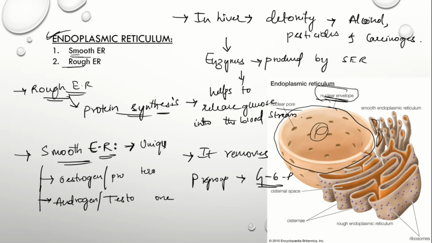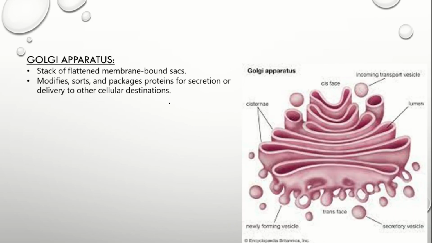In biochemistry you might have studied that glucose 6 phosphate is present, and by dephosphorylation of glucose 6 phosphate, the pure glucose molecule is obtained. This dephosphorylation is mainly done with the help of the smooth endoplasmic reticulum. Did you understand? Did you follow me?